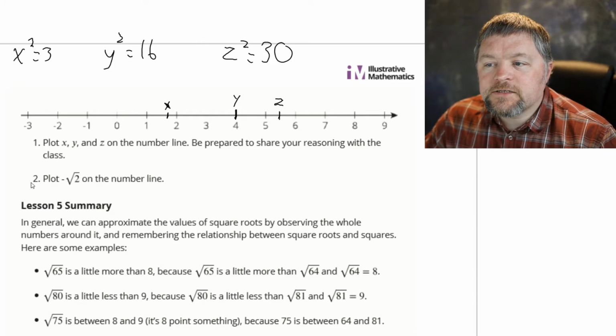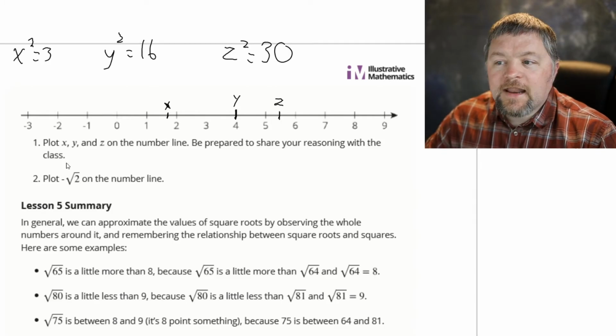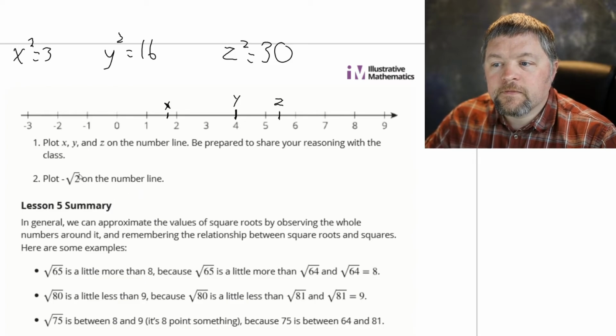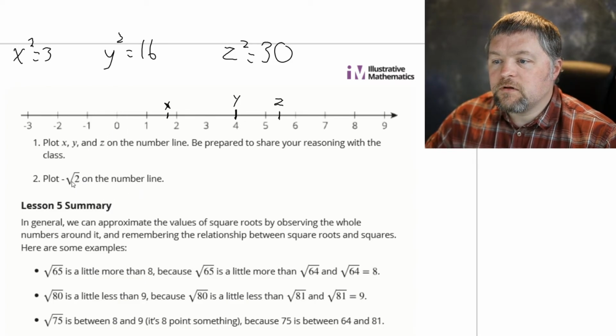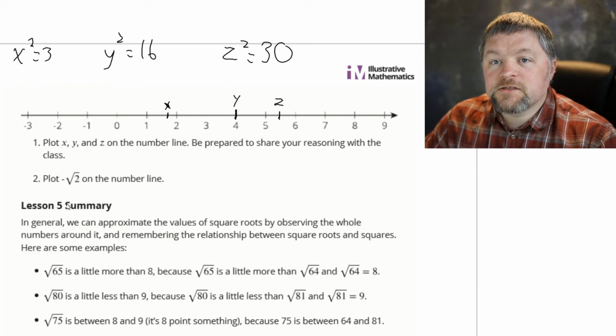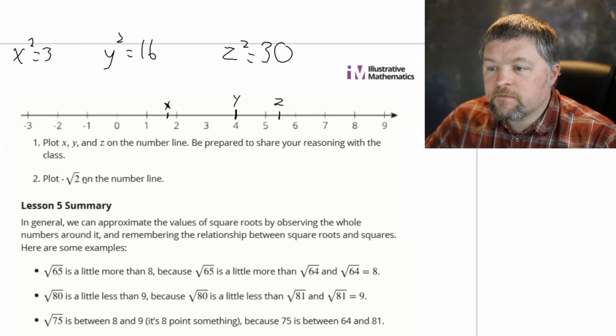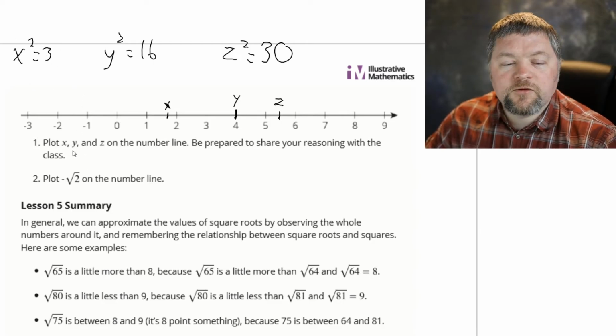Okay, our next one says plot negative the square root of 2 on a number line. So the square root of 2, what's the square root of 2? Well, that's approximately 1.4, because 1.5 times 1.5 is 2.25, which we already talked about when we were doing this one.